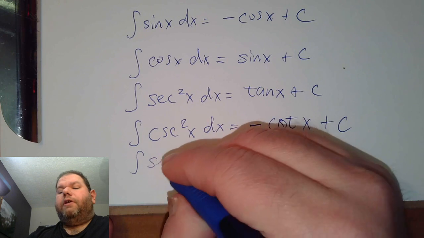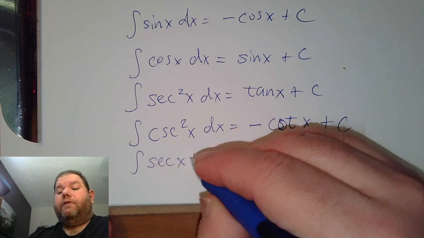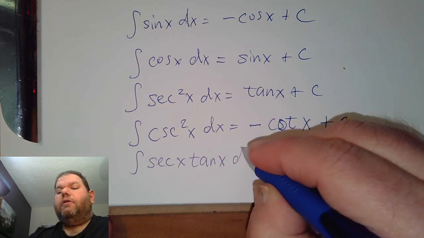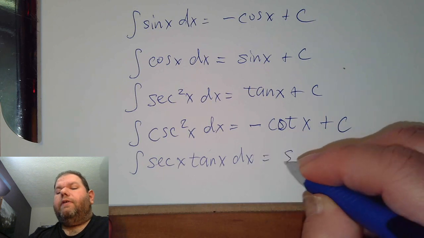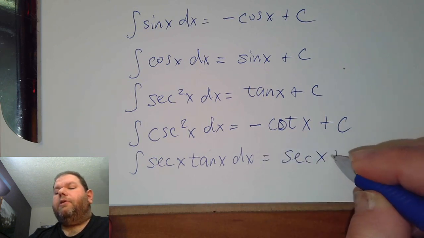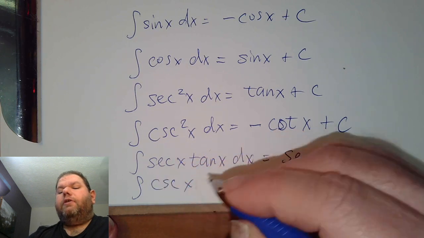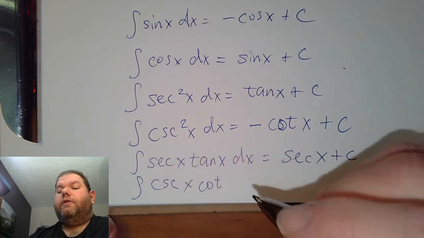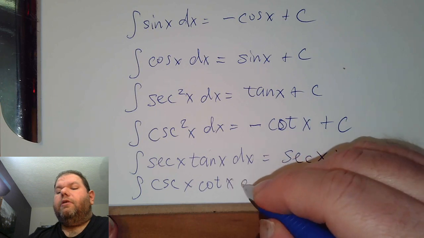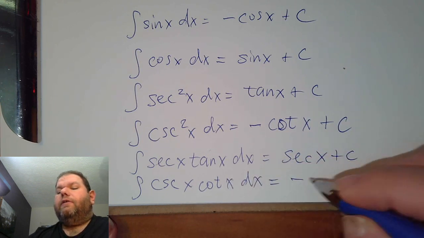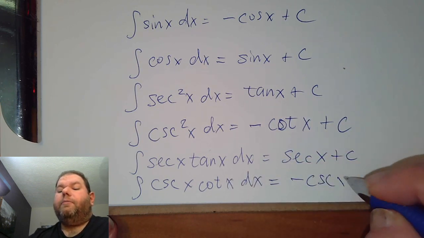The integral of secant x times tangent x is secant x plus c, and the integral of cosecant x cotangent x is negative cosecant x plus c.